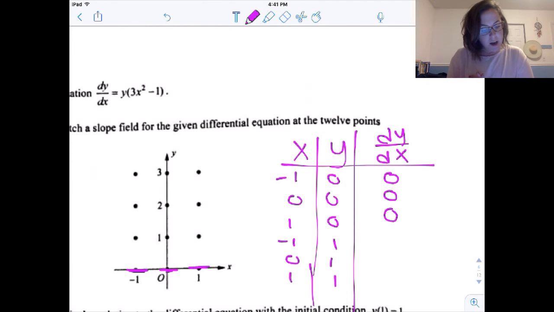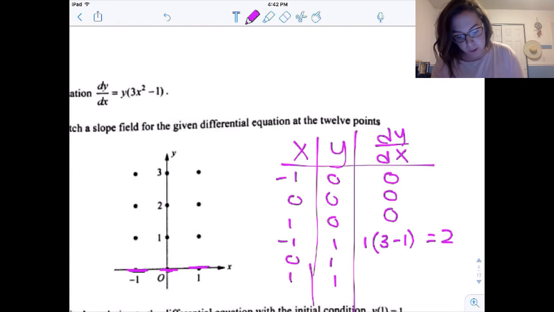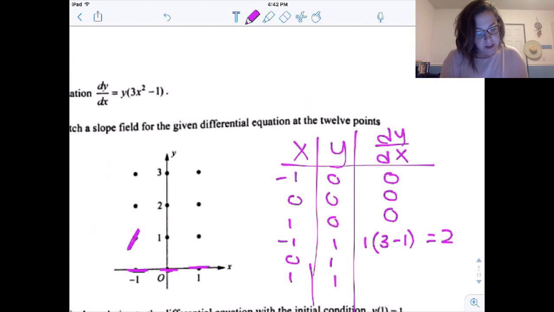Then you can start plugging in your other values. So this one would be 1 times 3 minus 1, right? 1 times 2. So that's 2. So at (negative 1, 1), my slope would be 2. And again, you're estimating. So up 2 over 1 would have a slope maybe like that. Okay. Then plug in (0, 1). So 1 times negative 1, this would have a slope of negative 1.